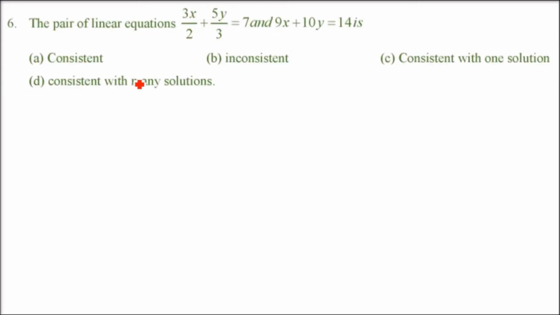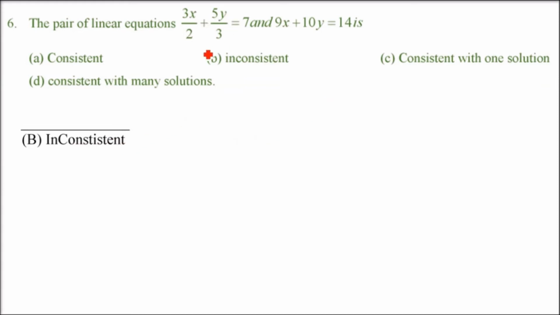The pair of linear equations 3x/2 + 5y/3 = 7 and 9x + 10y = 14 is: consistent, inconsistent, consistent with one solution, or consistent with many solutions. What you have to do? This is basically inconsistent. I'll show you how.